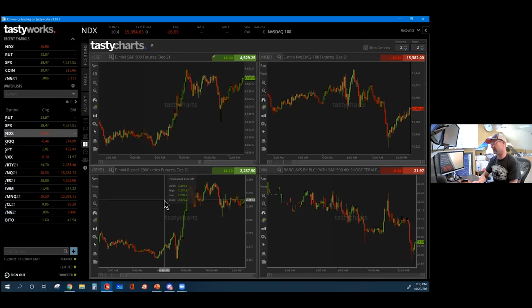Because again, I know everybody's like, oh, but the rolls that we have had on the 0DTE that have made sense, they've all been in the Russell for whatever reason. I don't know if there's a correlation to that or not, but they've all been in the Russell. And knock on wood, we haven't done very many of them. We've only done a couple, but the ones that we have done have worked out quite nicely.